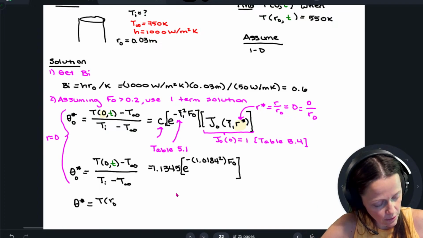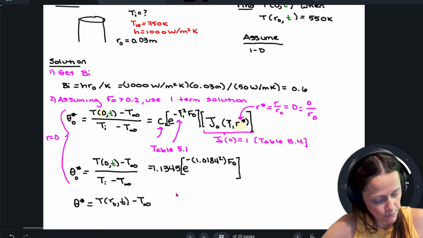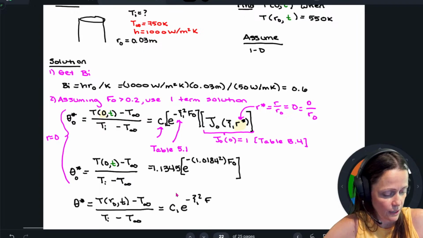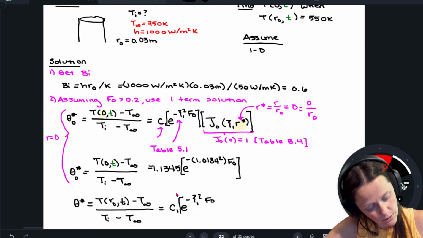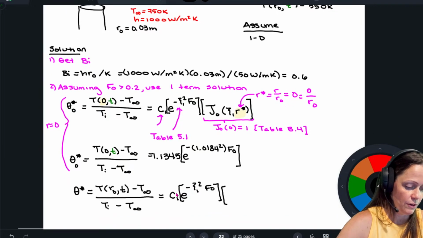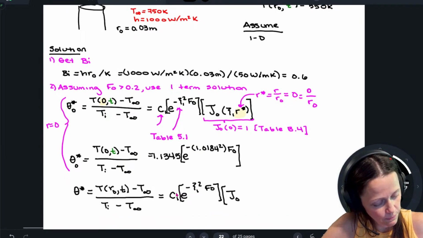So this is T at r naught minus T infinity over T initial minus T infinity equals C1 e to the negative zeta 1 squared times our Fourier number. So that's that one. And then we've got our Bessel function.